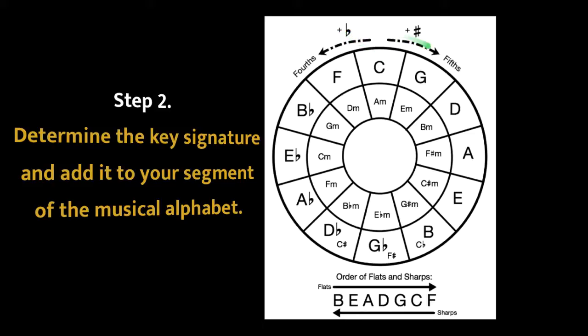Every slot you move to the right, 1 sharp is added. So this has 1 flat, this has 2 flats, this has 3 flats, and so on and so forth. Going in the opposite direction, this has 1 sharp, 2 sharps, 3 sharps, 4 sharps, and so on.